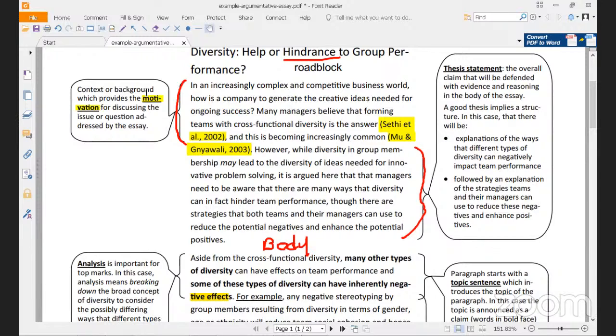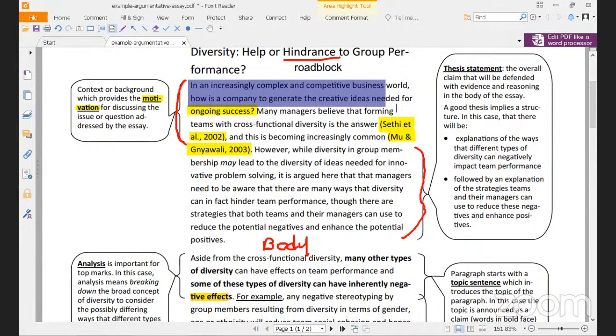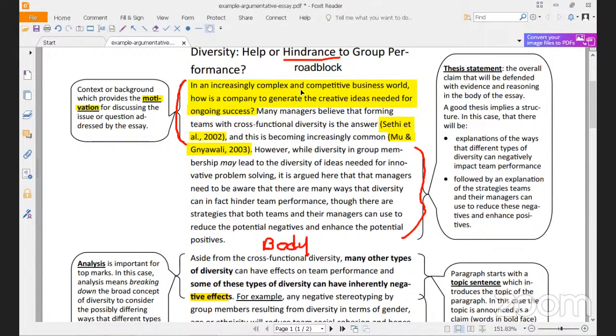The context and background which you're going to use in the first sentence is going to motivate, and also is going to question the issue. In this case, you're questioning the issue, right? You have a question. In an increasingly complex and competitive business world, and here you begin with your auxiliary, how is a company to generate the creative ideas needed for ongoing success?